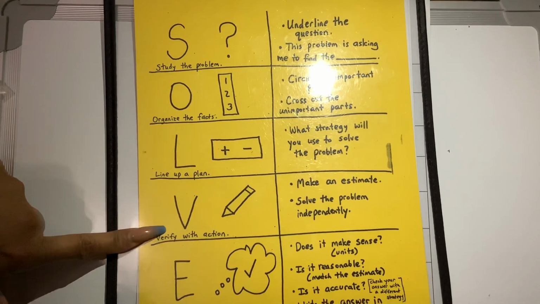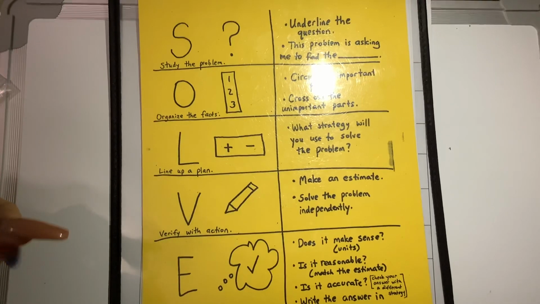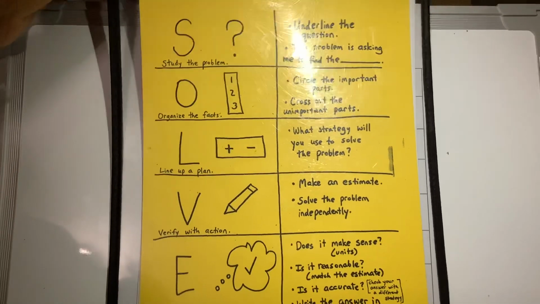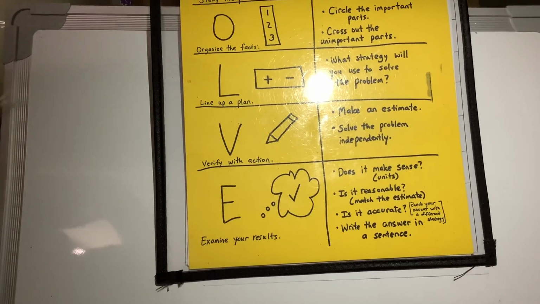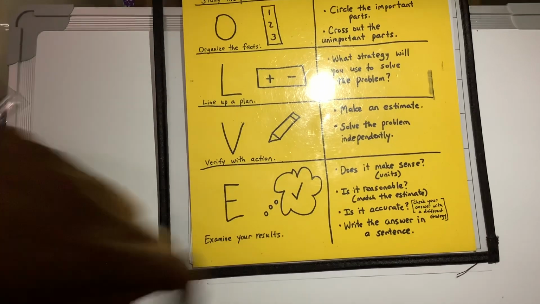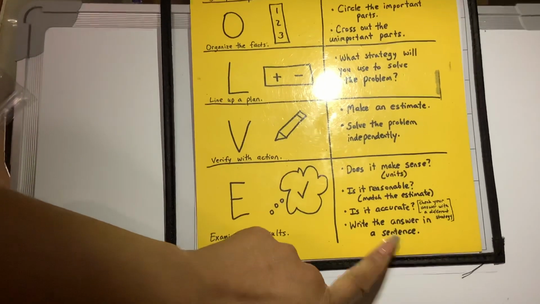V, we verify that plan with action by actually using all our strategies to solve the problem independently. And then finally, we examine our results by writing the answer, making sure they have units, and maybe writing a sentence. Let's begin.